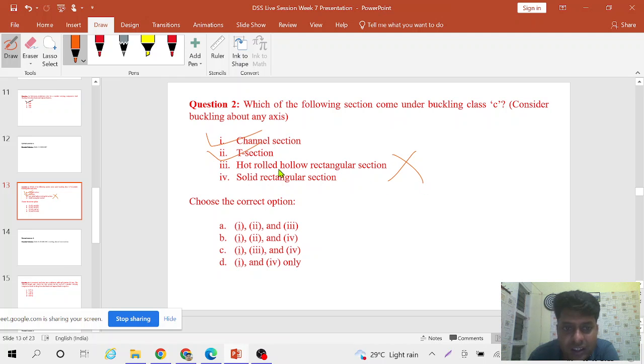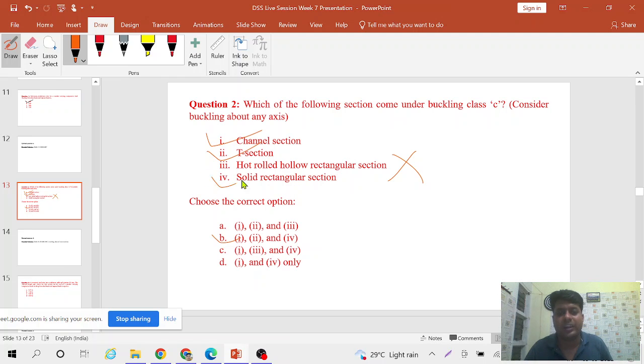Option 3 is wrong. So from 1 and 2, and 3 is wrong, you can see that 3 is not there. So 1 and 4, from here also we can say that option B is correct. But then also please check for solid rectangular section. It will also show buckling class C.